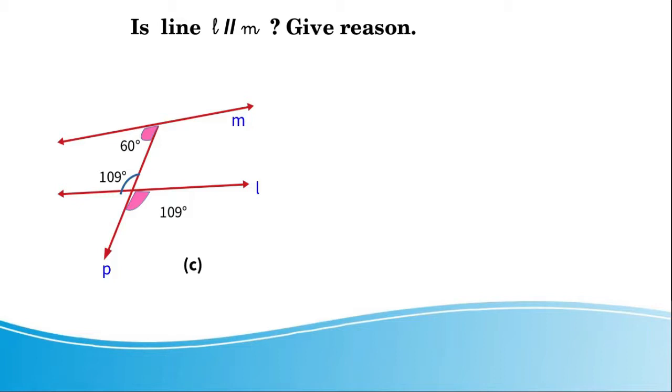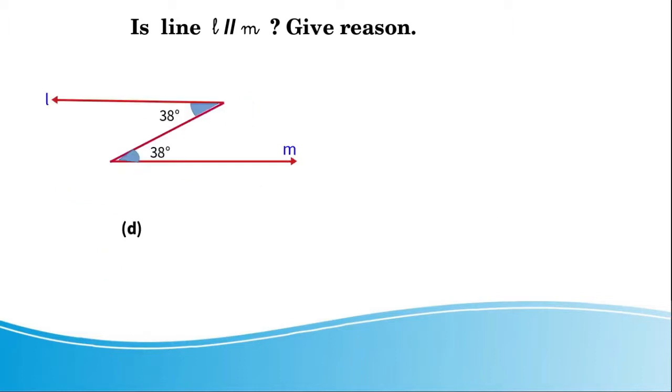So here, 60 plus 109, do you get 180 degrees? No, we won't get. 60 plus 109 is not equal to 180 degrees. That means the interior angles on the same side of the transversal are not supplementary. So, can you say L is parallel to M? No. L is not parallel to M because interior angles on the same side of the transversal are not supplementary.